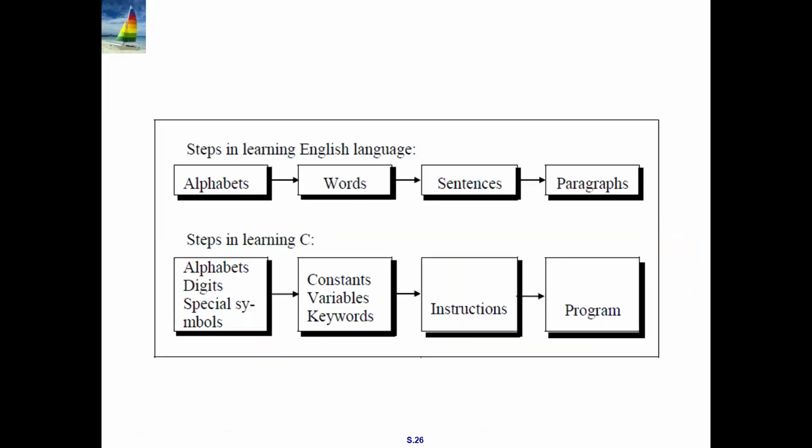So we have seen how to create variables and all that. In languages, we have alphabets. With alphabets, we create words. Words create sentences. Sentences create paragraphs. Similarly, in C, we have alphabets, digits, special symbols. With those, we can create constants, variables, and keywords.